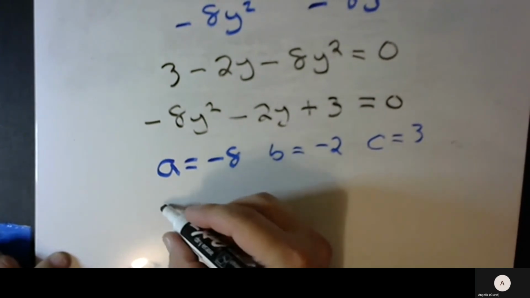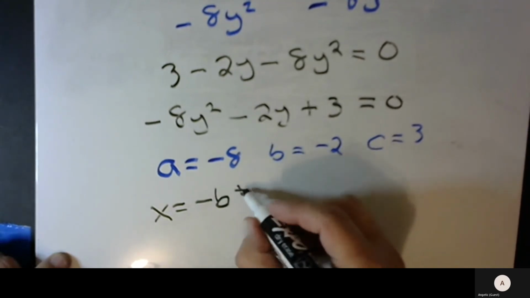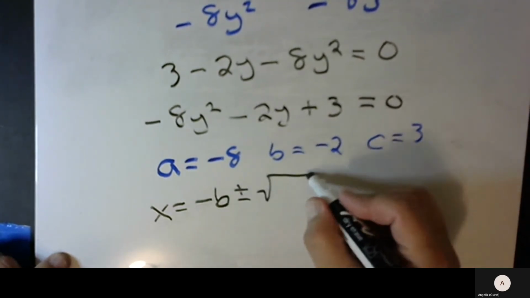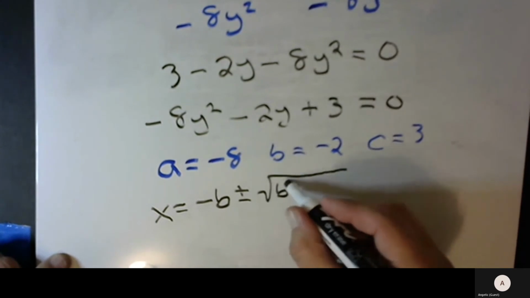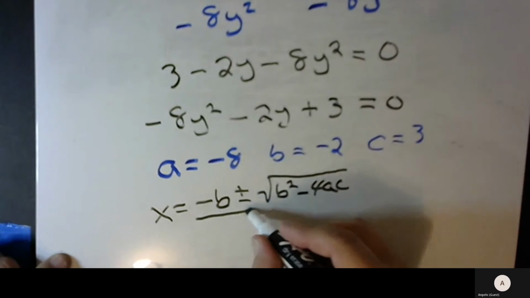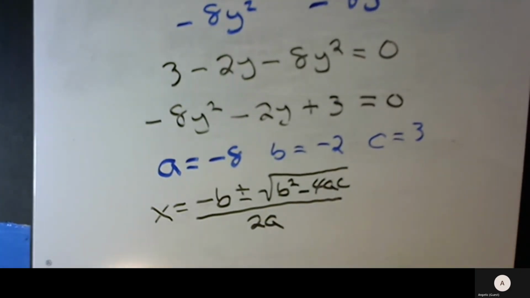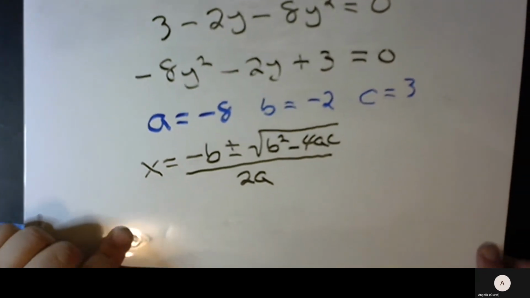So now we use x is negative b plus or minus the square root of b squared minus 4ac, divided by 2 times a. And what we're going to do, we're going to replace a, b, and c with these numbers.